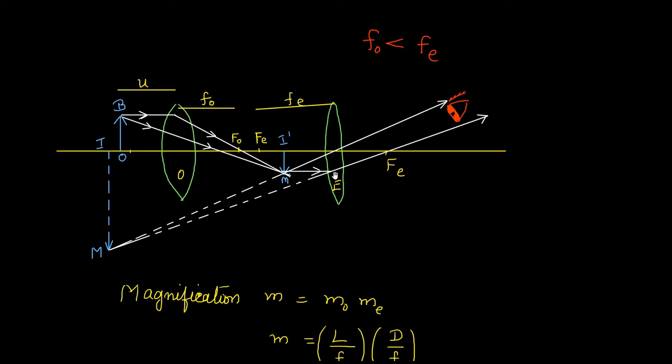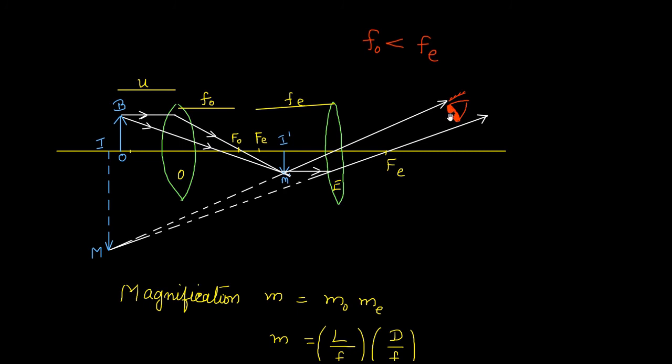The ray which is parallel to the principal axis from I dash M dash passes through FE after refraction from the eye lens. Another ray which passes through the optic center of the eye lens goes without any deviation. These two refracted rays will never meet.